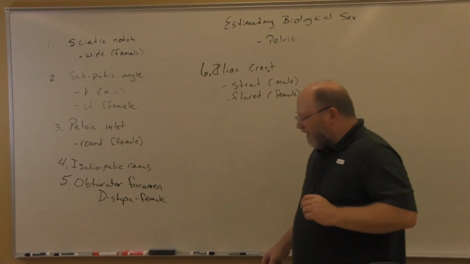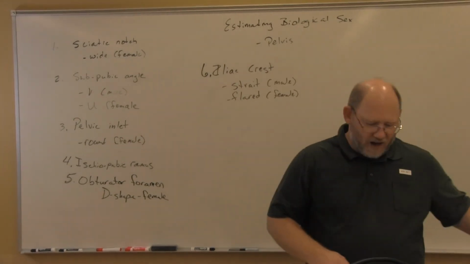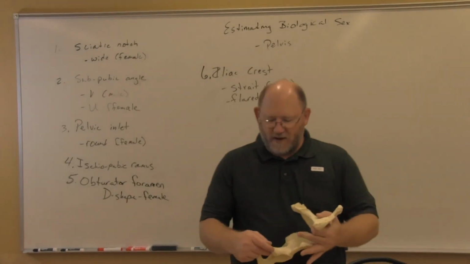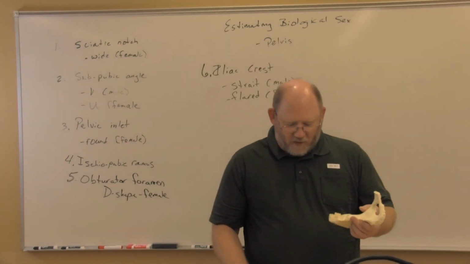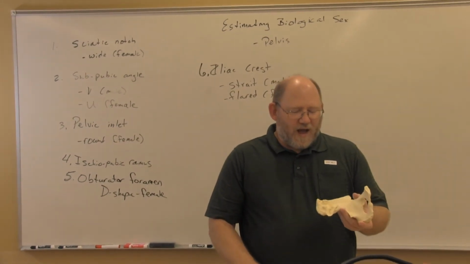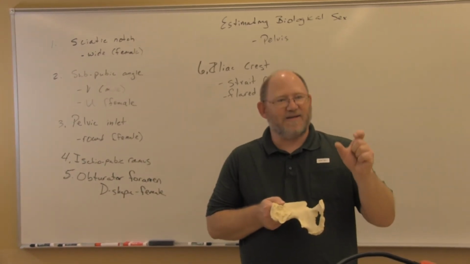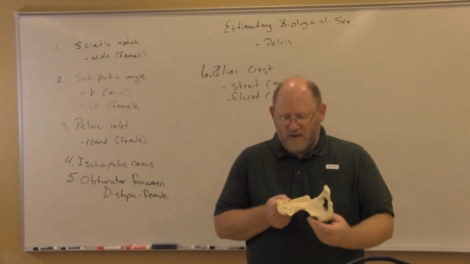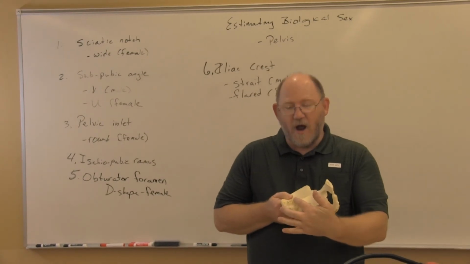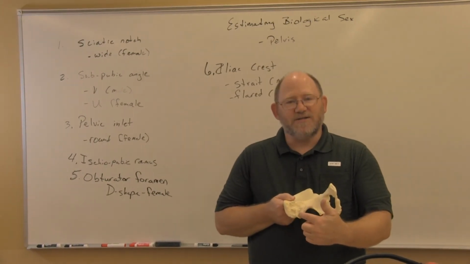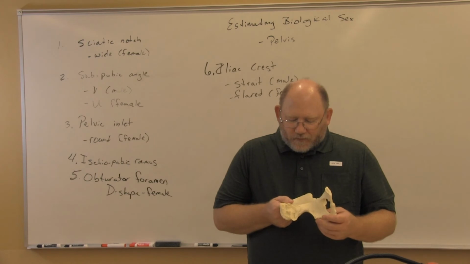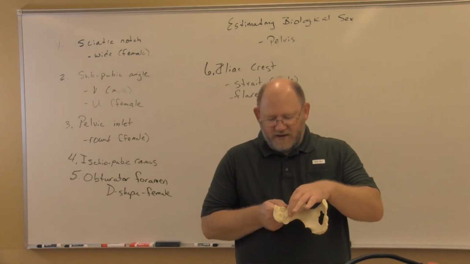Last one for the ilium, and then I'll give characteristics about the sacrum. For the ilium, the part of the pelvis that attaches to the sacrum is called the auricular surface, and that's this space right here.